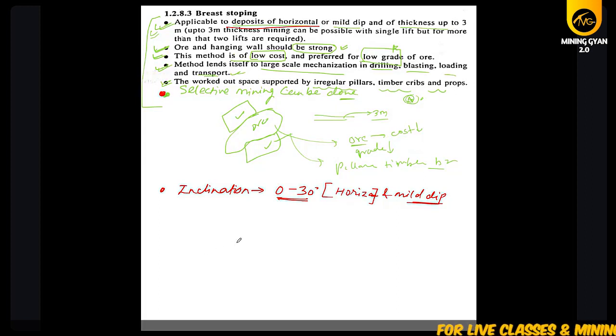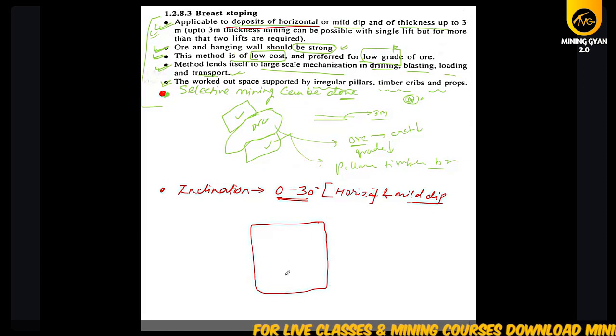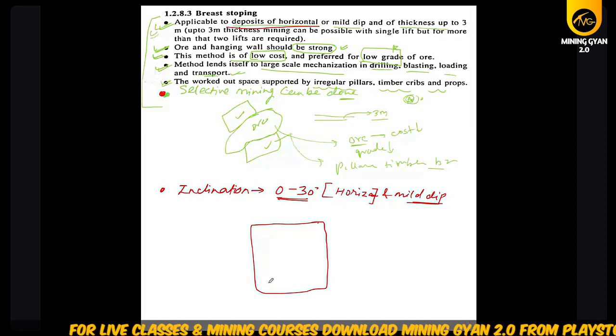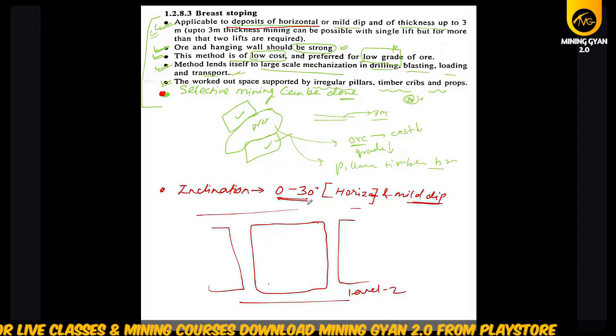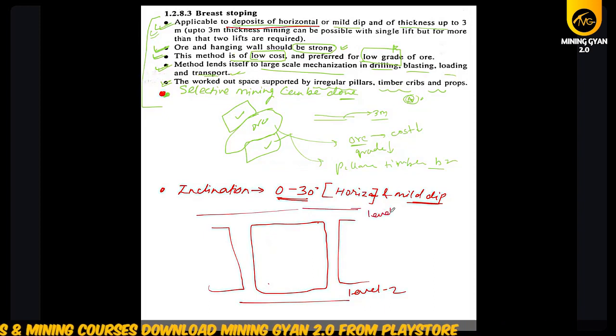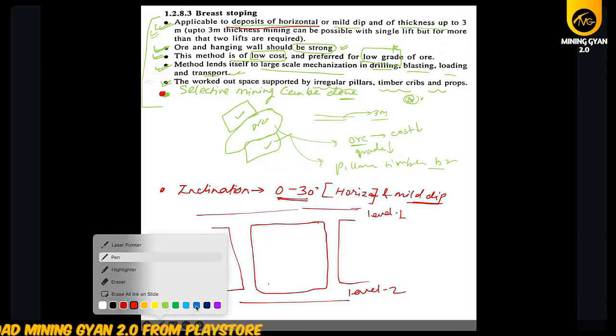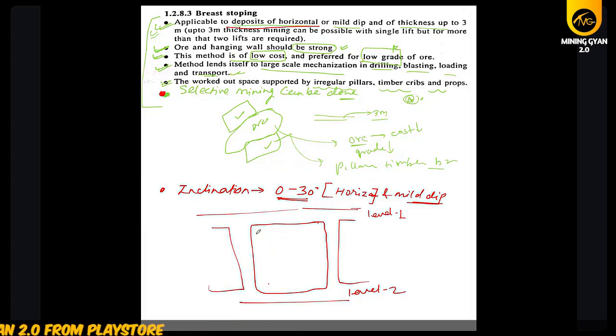Suppose this is your stope. Okay. So in this method, first we will do preparatory work. This is level 2. This is your stope. This is also your stope. This is level 1. So we will do preparatory work.